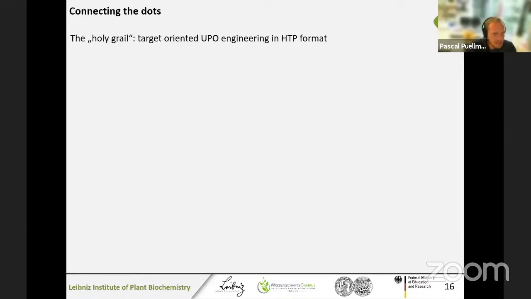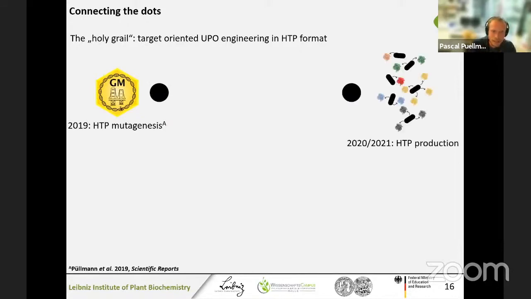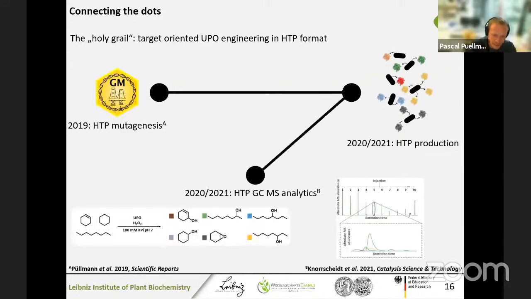So finishing up with a little bit of a perspective. Something that I would consider the holy grail right now is to do target-oriented UPO engineering in a high throughput format. So aside from the work I already presented, we did some other work lately. One of that was to develop a Golden Gate-based high throughput mutagenesis technique. And I talked a lot about this kind of high throughput production. And then my colleague Anja, who is very brilliant when it comes to analytics as well, developed over the last couple of years some very sophisticated GC-MS methods.